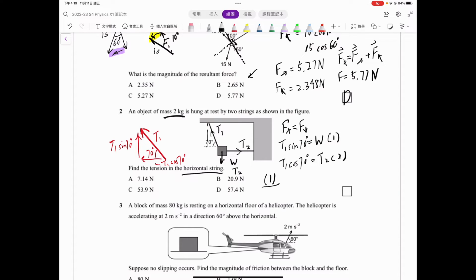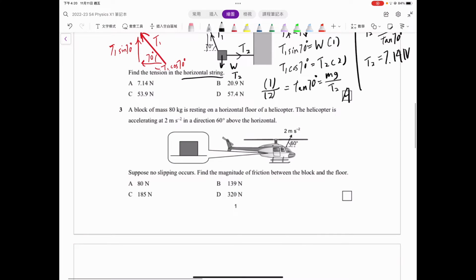So 1 divided by 2, tangent 70 degrees equals mg over T2, which means T2 equals mg over tangent theta. Two times 9.81 divided by tangent 70 degrees is 7.14 Newton. So the answer is A.